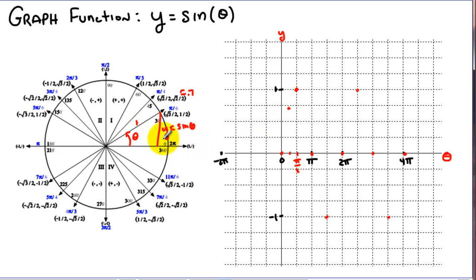If we go 1/3 of the way to pi over 2, we're at 1/2. And at 2/3, we're at square root of 3 over 2, which is about 0.87 or about 0.9, so we're almost up here at the top.